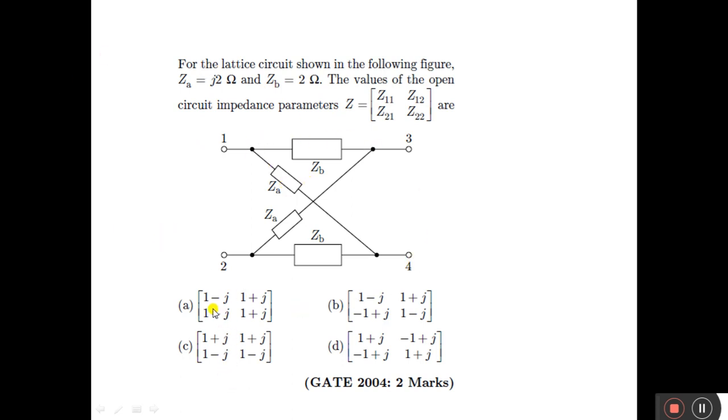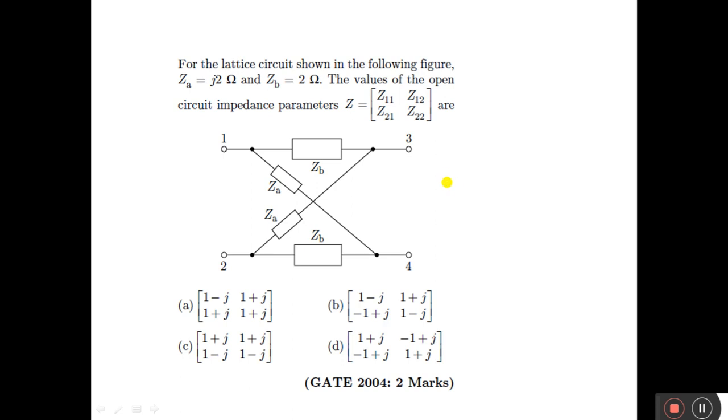Option A: 1 minus J, 1 plus J, 1 plus J, 1 plus J. Option B: 1 minus J, 1 plus J, minus 1 plus J, 1 minus J. Option C: 1 plus J, 1 plus J, 1 minus J, 1 minus J. Option D: 1 plus J, minus 1 plus J, minus 1 plus J, 1 plus J. Right? The given network is in lattice form.